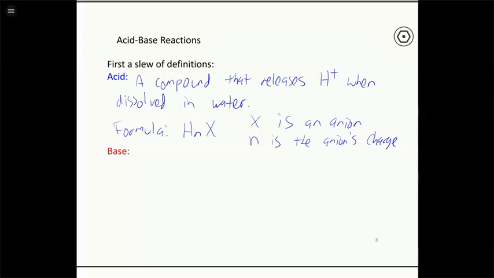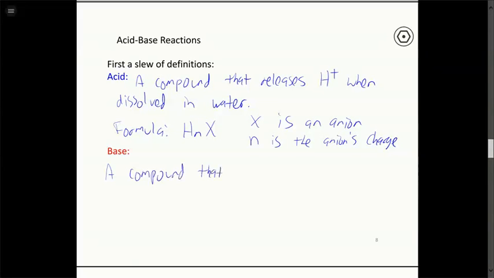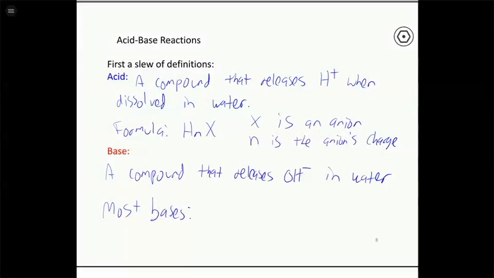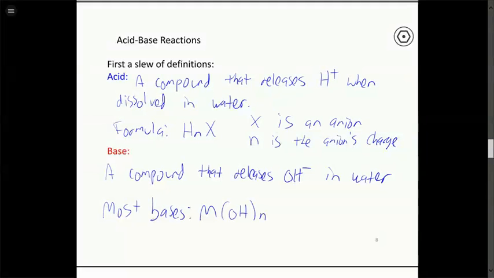Bases are compounds that release OH- in water. So the vast majority of bases that we're going to talk about, and really the vast majority that we use in aqueous chemistry, are going to just be hydroxide salts. So they're going to have some metal cation, M, paired with some number of hydroxides, OH-, where again, the formula is determined by the charges.